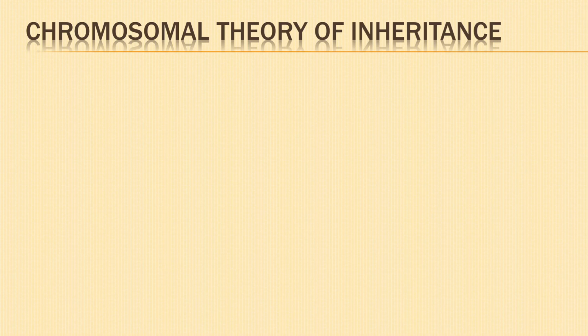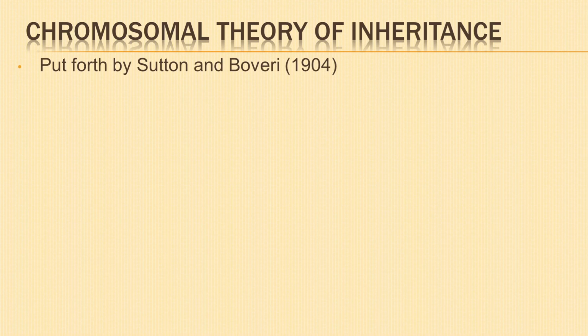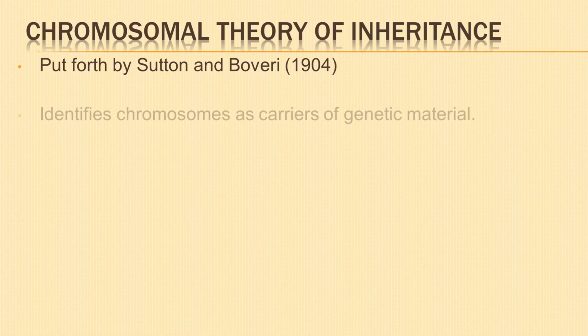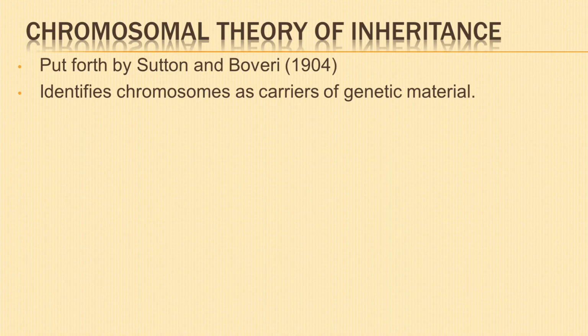Let us first understand the chromosomal theory of inheritance. This theory was put forth by Sutton and Boveri in 1904. It is a theory of genetics which identifies chromosomes as the carrier of genetic material.